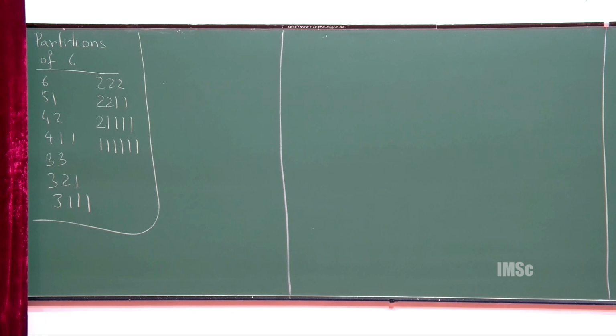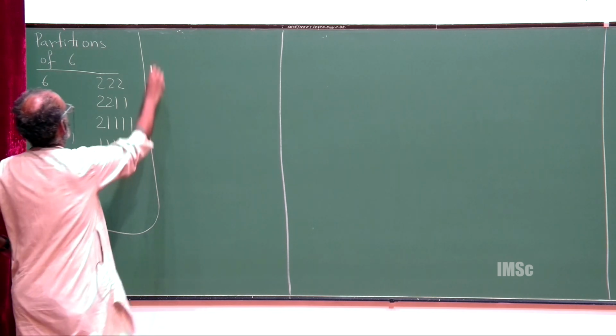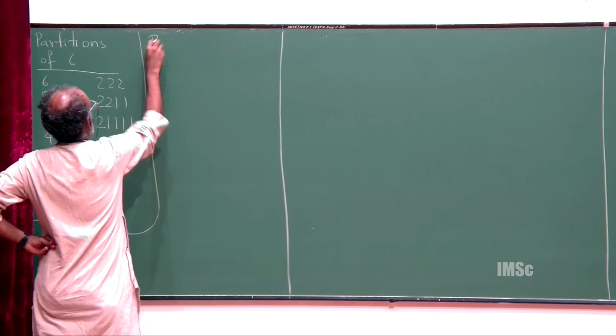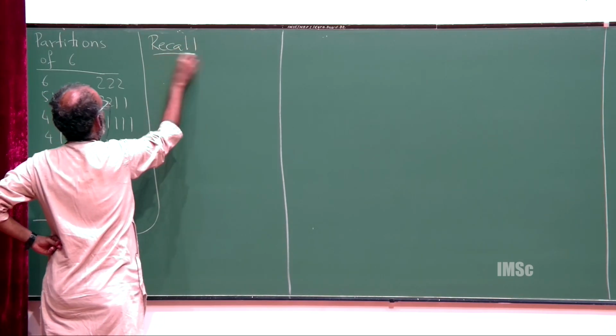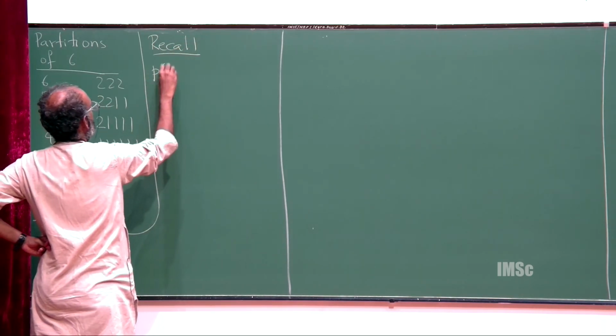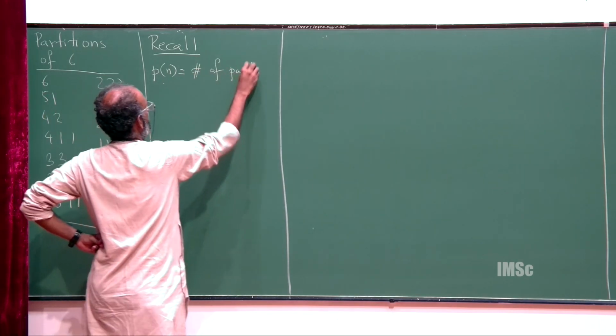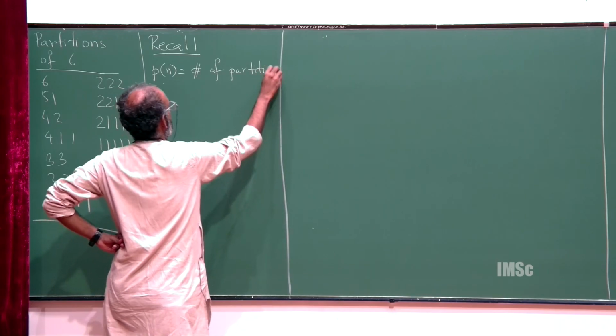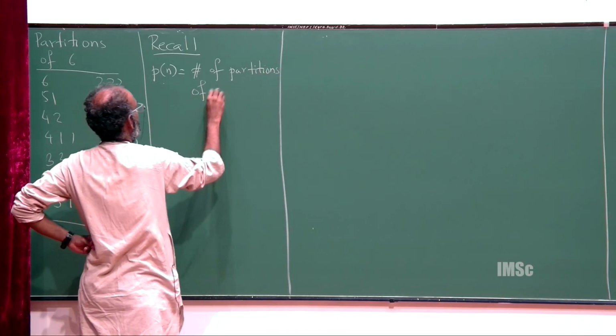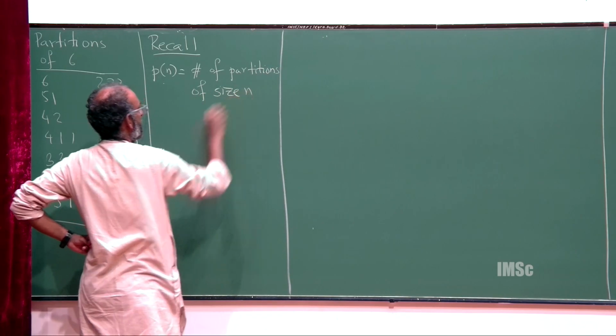Okay, so recall what we did last time. Pn is the number of partitions of size n, right?